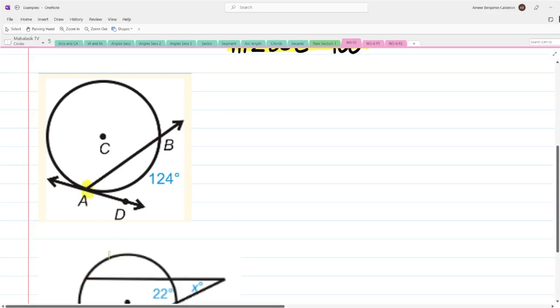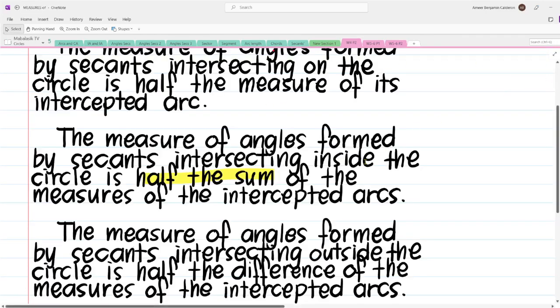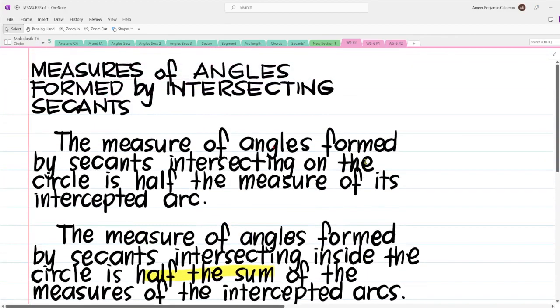And obviously that is a point on the circle. So therefore, going back to our concept, we have to look for on, and here it is. So the measure of angles formed by secants intersecting on the circle is half the measure of its intercepted arc.